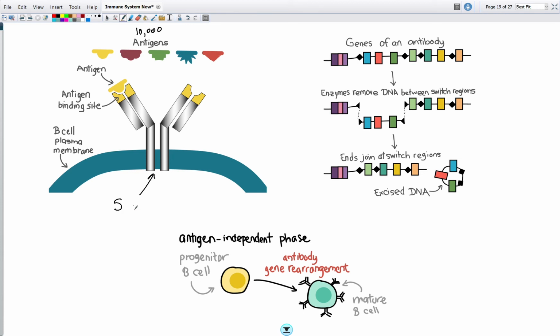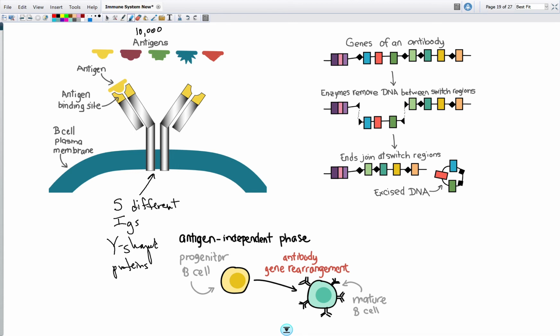I think there are exactly 5 different immunoglobulins. Again, those are your Y-shaped proteins. So how do you take 5 different kinds of antibodies and fight against 10,000 different antigens? Well, the answer has to do with the shape of the Y.